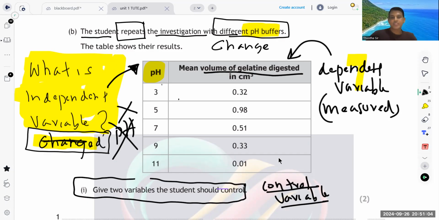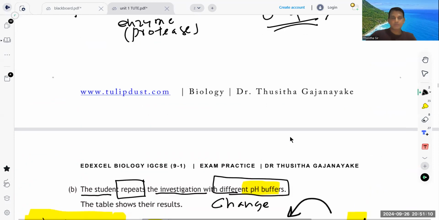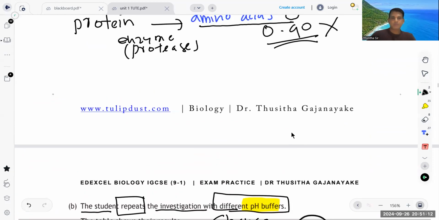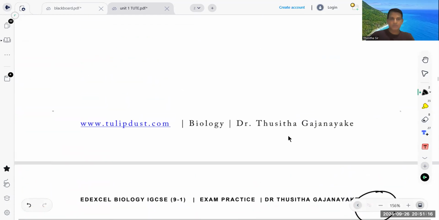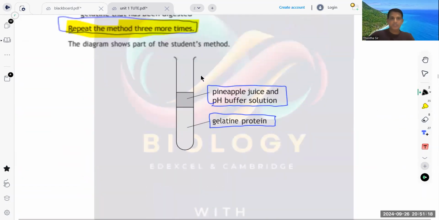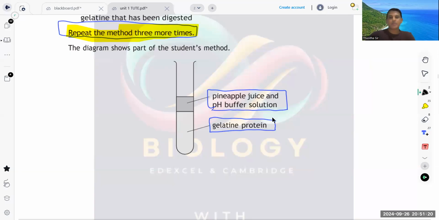What are the other things the student should keep constant? Again, the same experiment, only the pH changes. So he used this setup: pineapple juice, pH buffer, gelatin protein, everything the same, but he used different pH. So what are the other things the student keeps controlled?